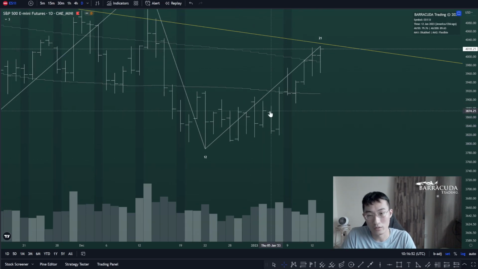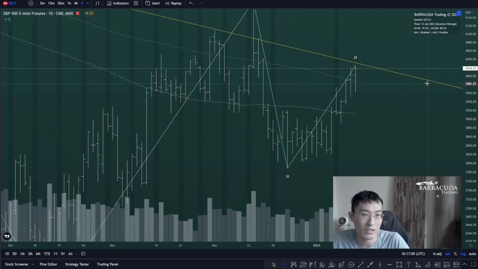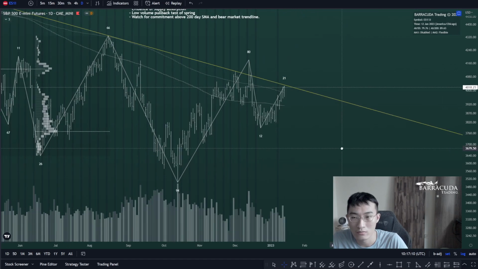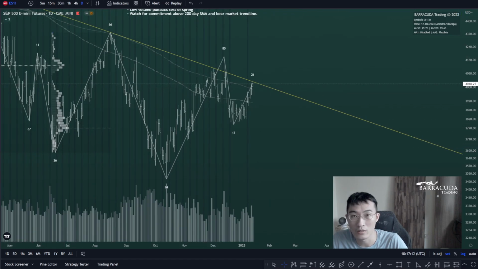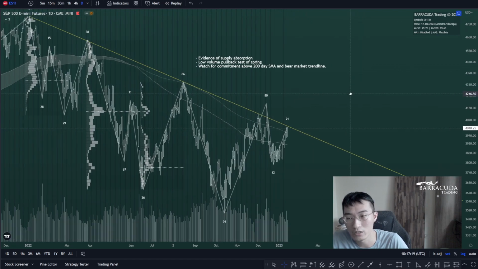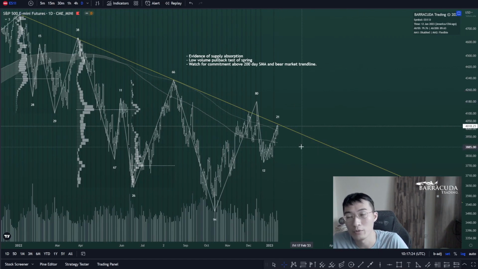And another one here, the price opened at 3871, crashed all the way to 3827. Very bearish bar, right? But the next day, no follow through. So the bears had multiple chances of crashing the price, but they did not succeed, right? It suggests that someone is absorbing all of their sell orders. And this is one of the reasons why I think it is quite bullish for the S&P 500.